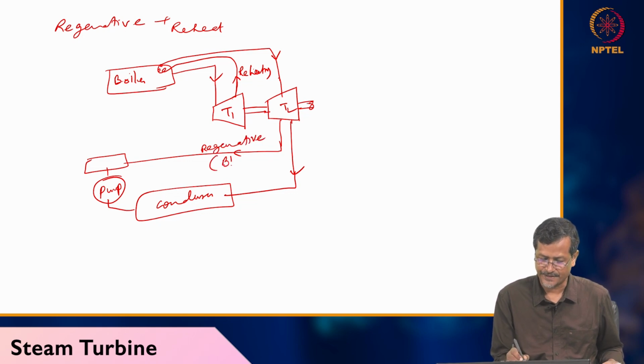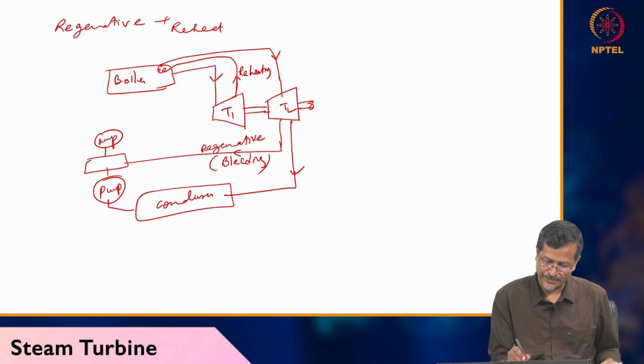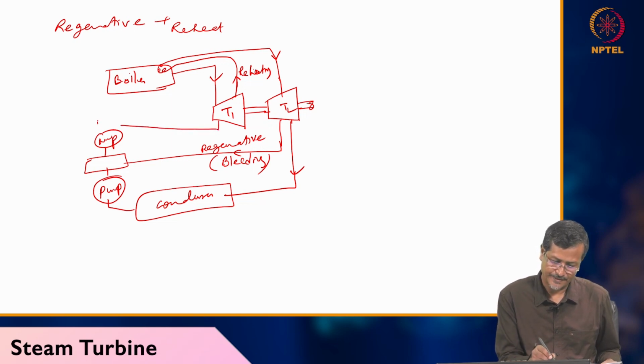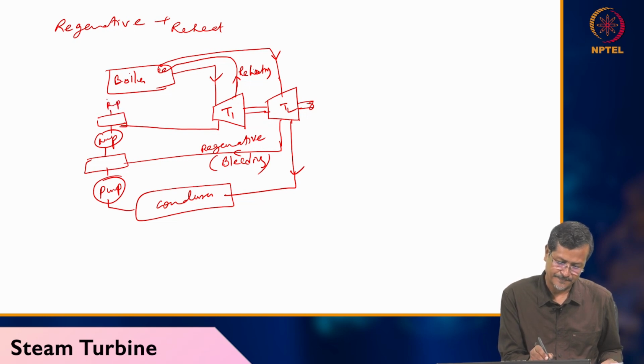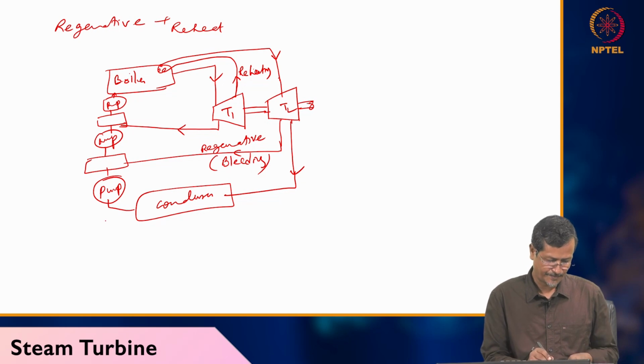So bleeding is happening. Then you put in another pump, and here also you take a small bleeding amount, mix it here, again pump, and then send it to the boiler. So you see several steps are happening here, and I can put numbering here.